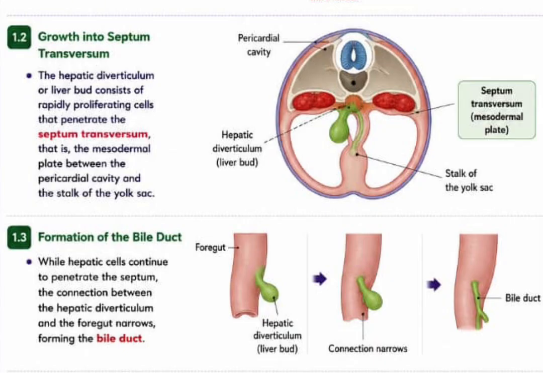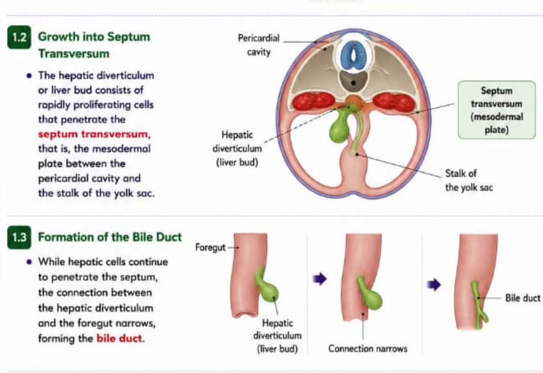So what is the bile duct? The bile duct is formed by the connection between the liver bud, or the hepatic diverticulum, and the narrow part of the foregut.